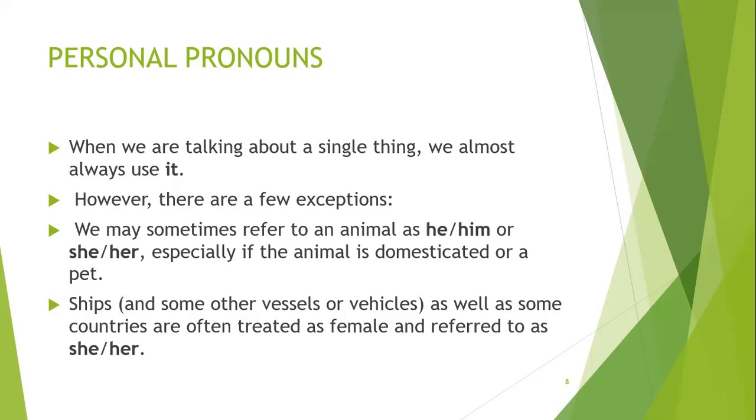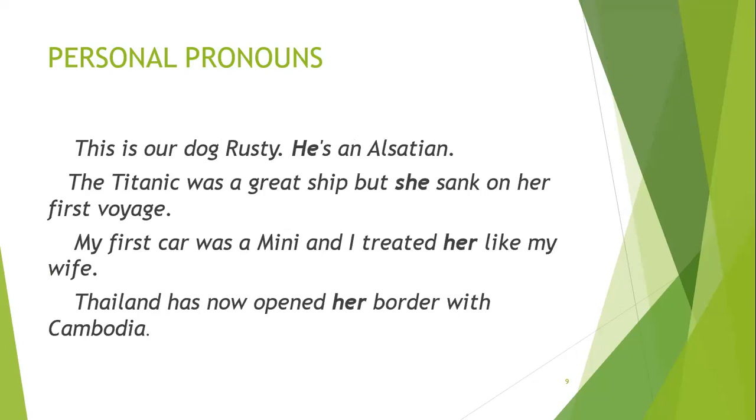Also, we would expect objects to have the pronoun it, but there are times that they also take he or she. For instance, ships or even countries are usually described as feminine, and so we use she and her. For example, somebody will say, this is my dog, Rusty. He is an Alsatian.